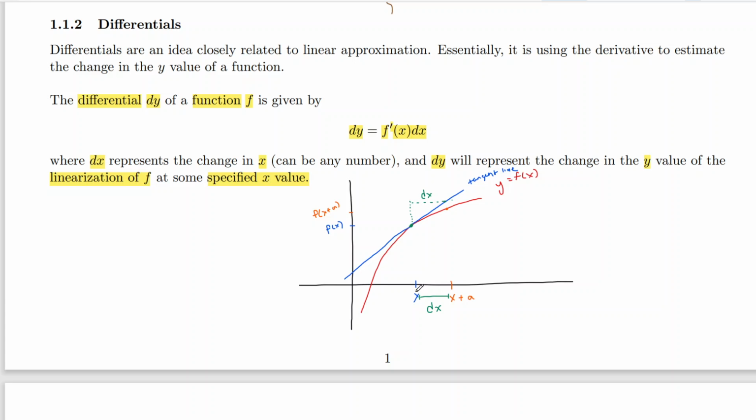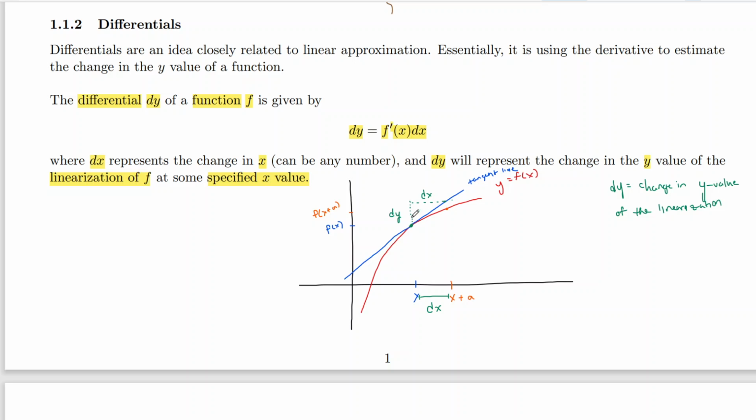Dx is up here, so it's the same difference in x here. The dy is exactly the change in y. So the dy, like I wrote above, is the change in the y value of the linearization. That's exactly what it's represented.